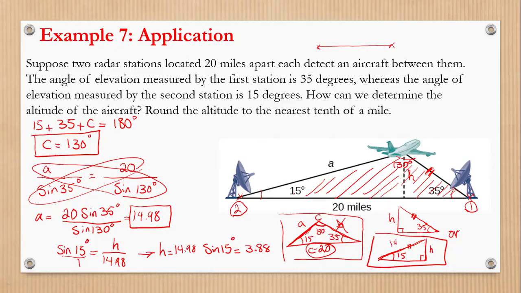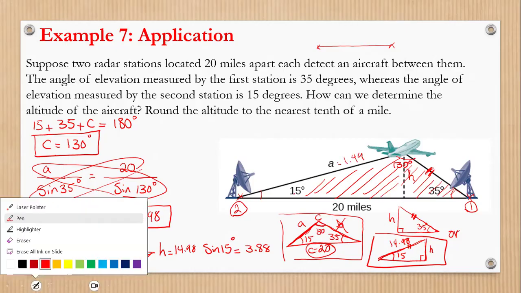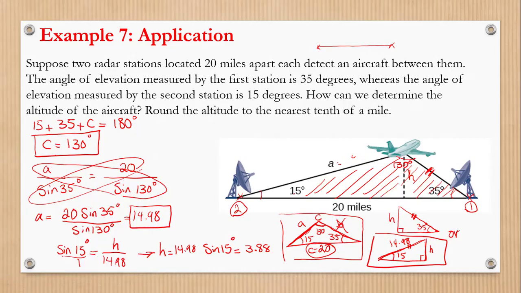If you type it in the calculator, you will see that the answer must be 14.98. So for solving this application, I'm going to use the law of sines to solve the oblique triangle, and then use the properties of the right triangle.